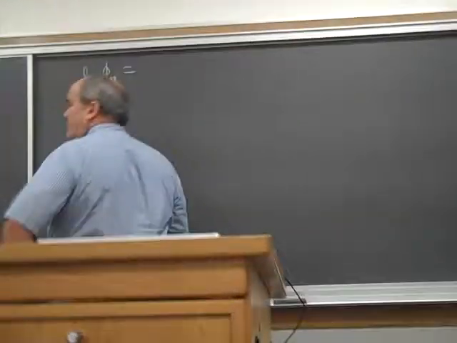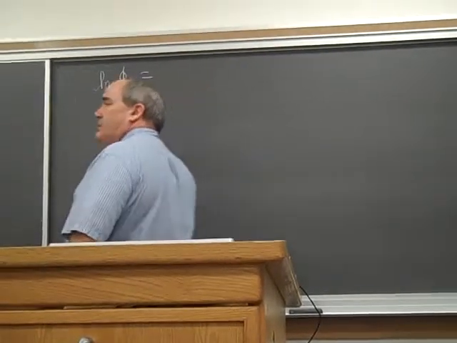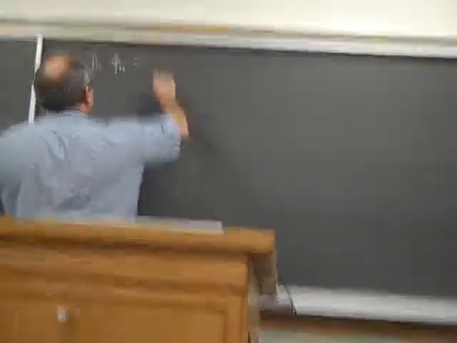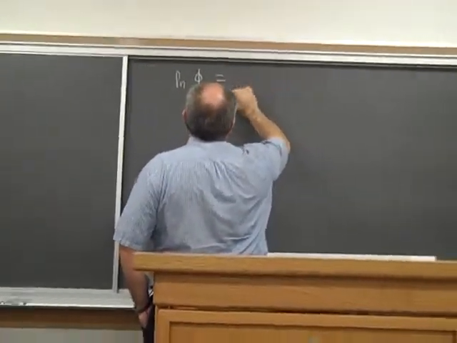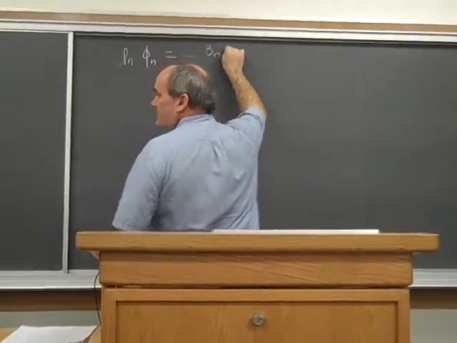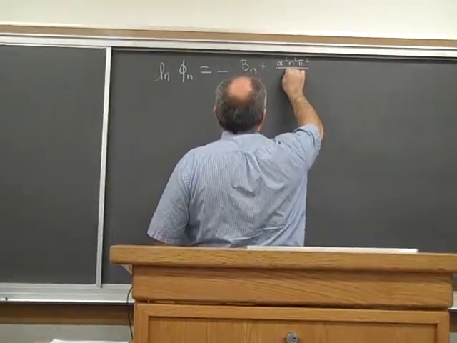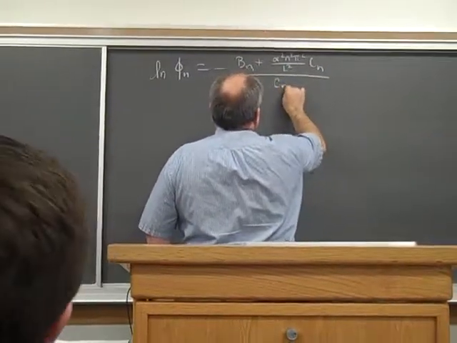And we end up with the natural log of phi sub n is equal to that lovely constant times t plus another constant. So yeah, we got to do something with these constants. And so we're going to have minus, and we have b sub n plus alpha squared n squared pi squared over L squared c sub n, over c sub n, times t plus k.